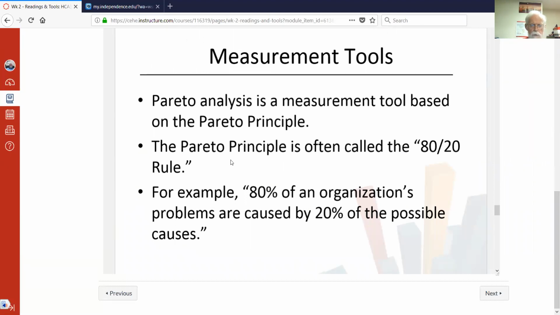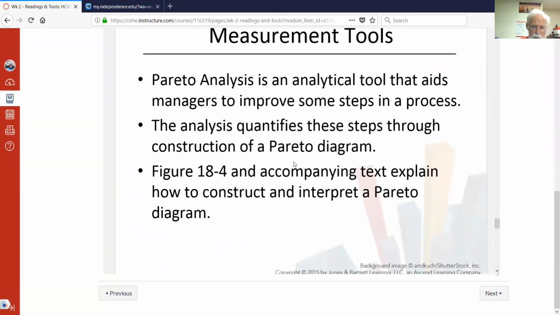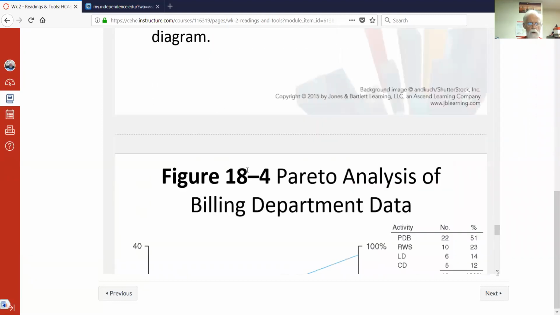The Pareto principle is the 80-20 rule. We all know that 80% of the problems are caused by 20% of the causes. So we can use that as an analytical tool to look at what problems we have. This assumes we have problems, and we may or may not.